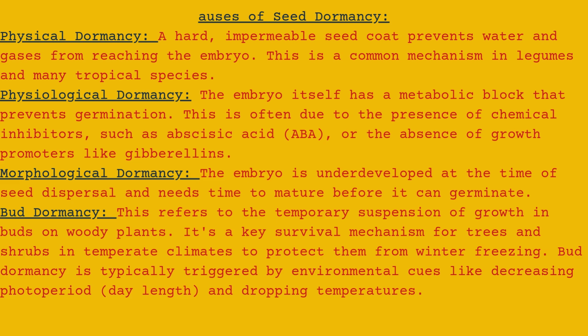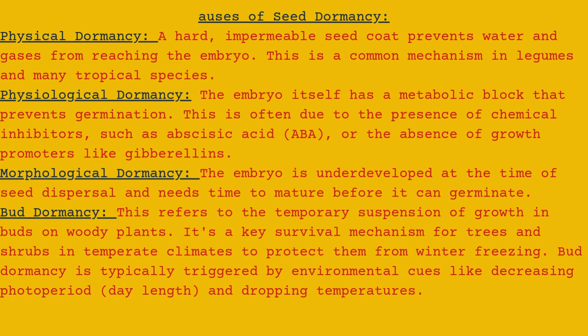This is often due to the presence of chemical inhibitors such as abscisic acid or the absence of growth promoters like gibberellins. Now, the next is morphological dormancy. The embryo is undeveloped at the time of seed dispersal and needs time to mature before it can germinate.